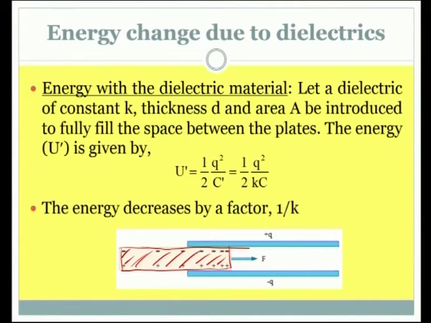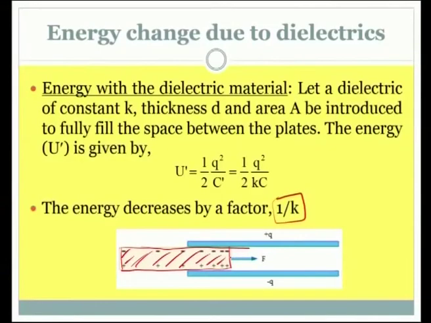The energy is getting reduced, it is 1 by K times getting reduced. This also is important. What is the K value? K value is always greater than 1. That means 1 divided by K is a value always less than 1. That means energy U and U dash, if you compare, U dash is always less than U. So, by introducing the dielectric material, the energy of the system is getting reduced.